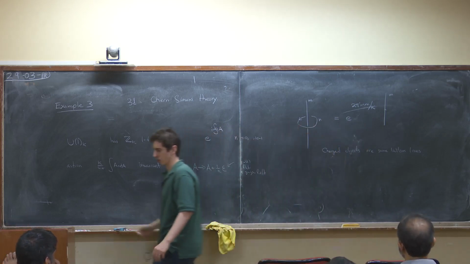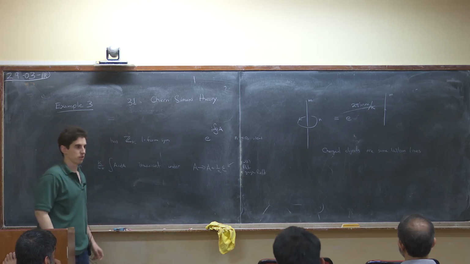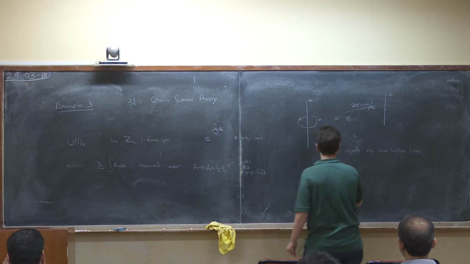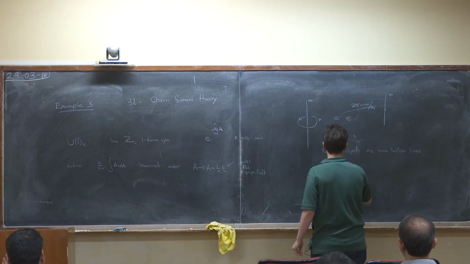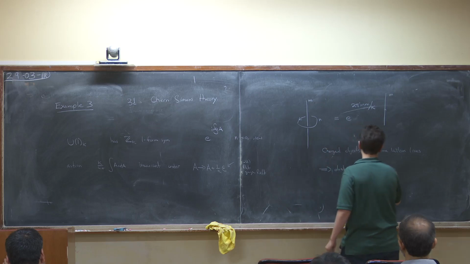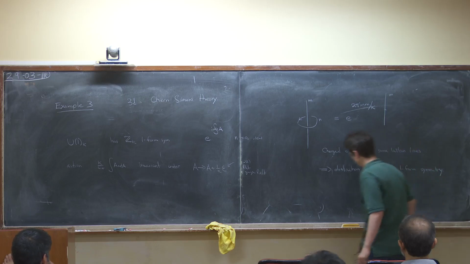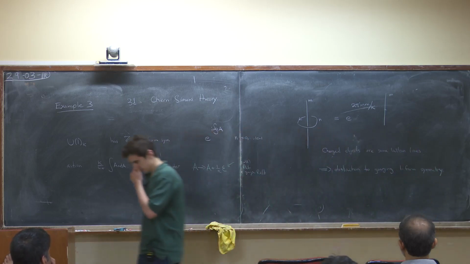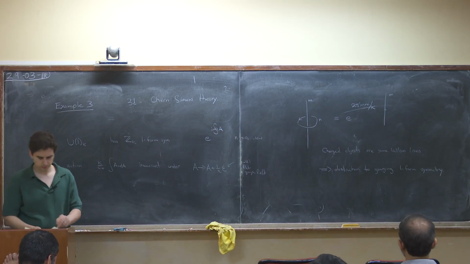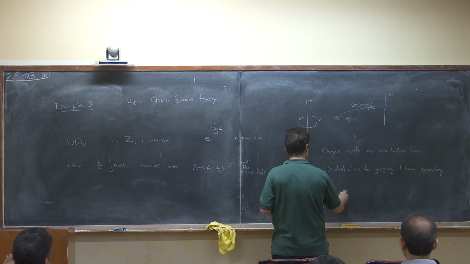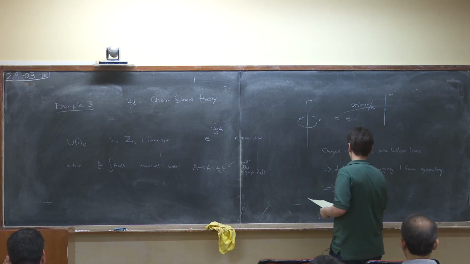So there would be some obstruction to gauging the one-form symmetry. So this means that there's an obstruction to gauging the one-form symmetry. And that means that this one-form symmetry has an 't Hooft anomaly.